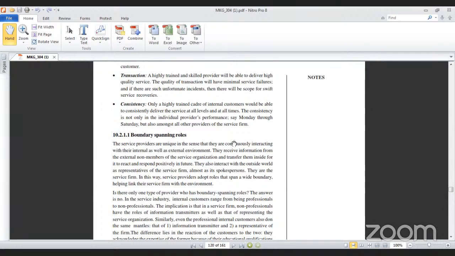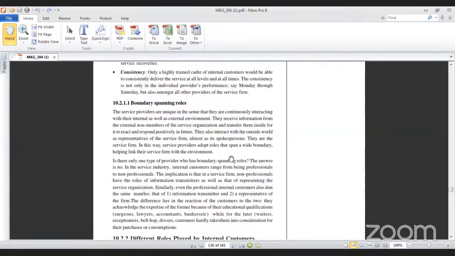Next, identify boundary spanning roles. The service providers are unique in the sense that they are constantly interacting with their internal as well as external environment. They receive information from external non-members of the service organization and transfer the insight so the firm can react and respond positively in future.